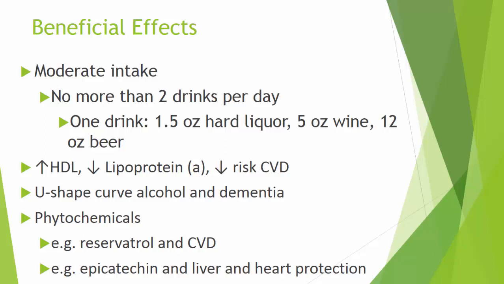The VLDLs or LDLs are the ones that, if they're elevated, boost your risk of cardiovascular disease. However, HDL, when it's elevated, is protective against heart disease, so you would like your HDL to be higher. Ethanol is the main thing, in addition to aerobic exercise, that can elevate HDL levels. So moderate intake can do that.